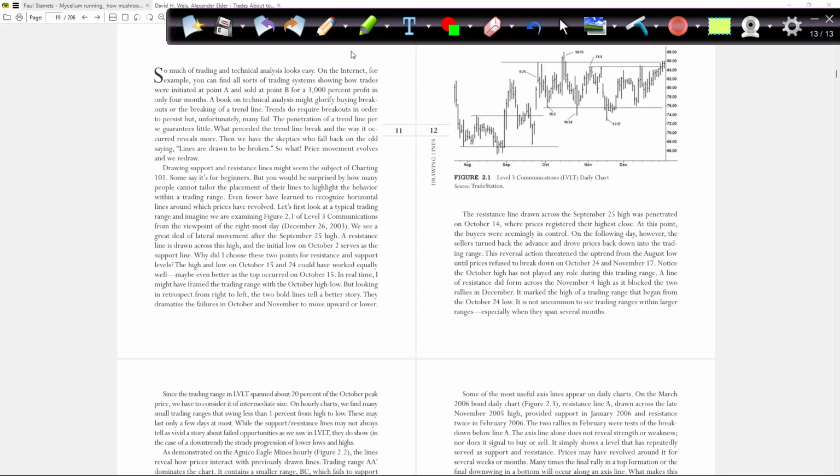Then on November 17th, we retested this trading range. If we extend this trading range, we did retest it.